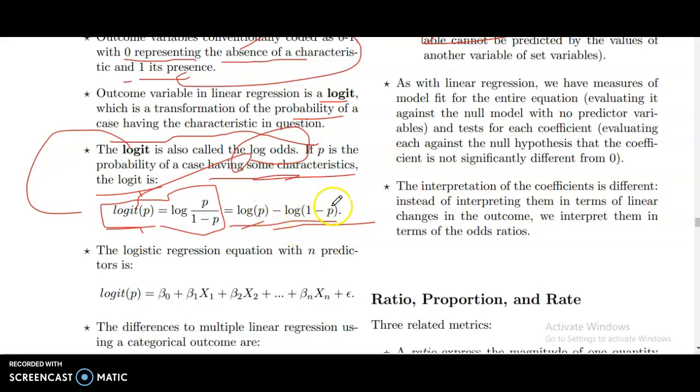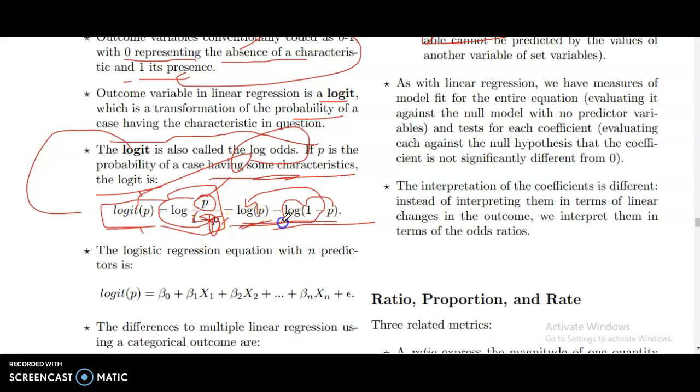That is, the probability P, we have to deduct from 1; whatever we get, we subtract from 1 in total, and then we have to take the log of that.